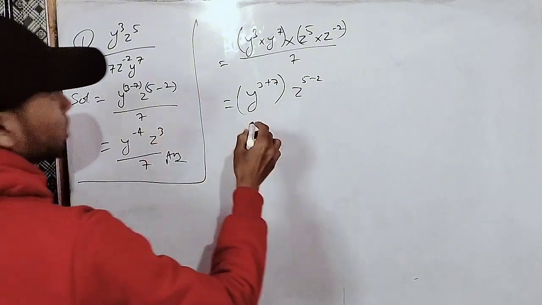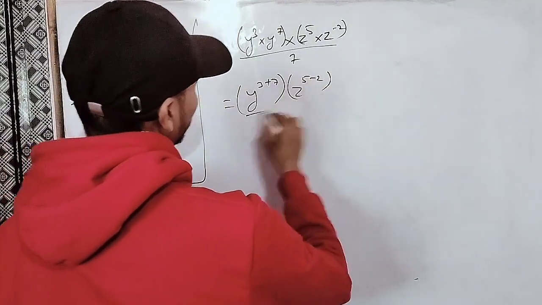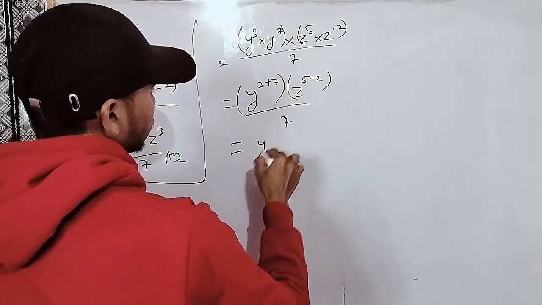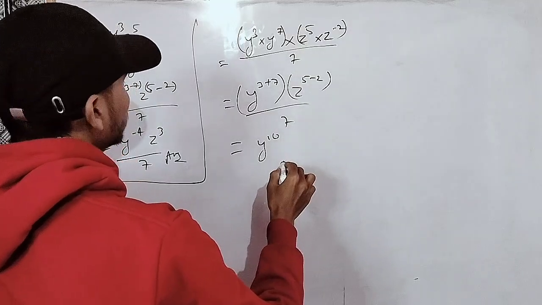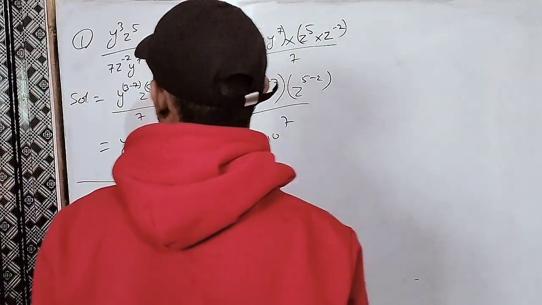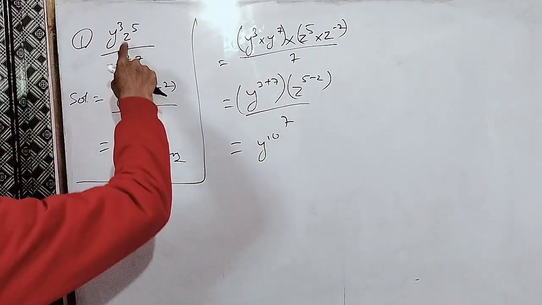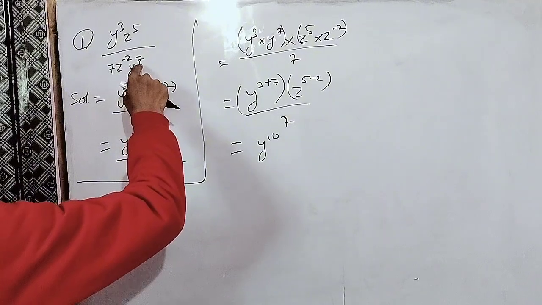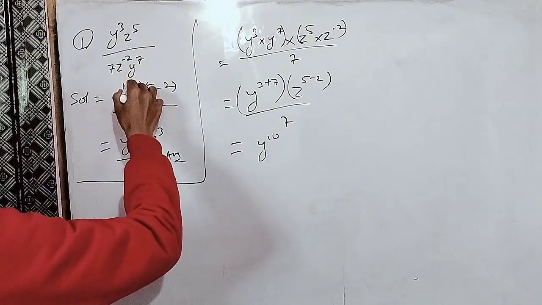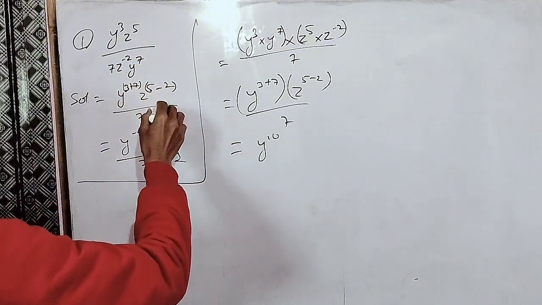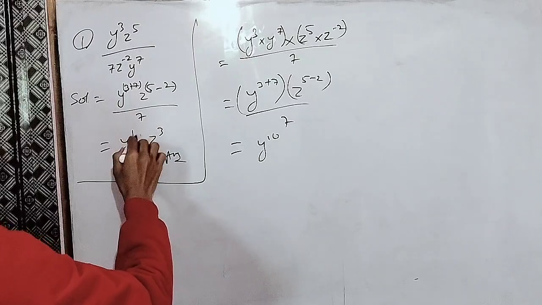How much? 3 upon 7. So y is with 10, y is with 10. So 3, and this is a minus, then it would be 10.